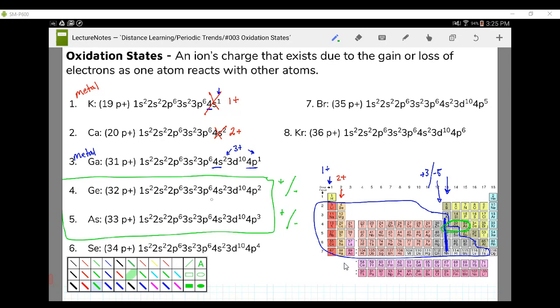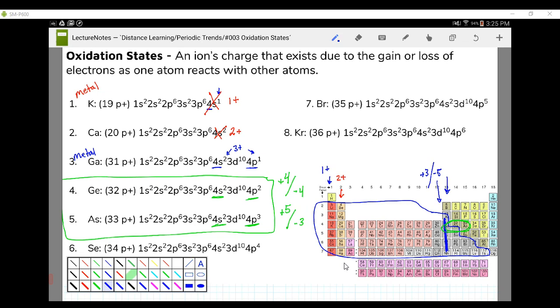Germanium currently has 4 valence electrons, so it could lose all 4, or it can gain 4 more to reach its octet. Arsenic has a total of 5 valence electrons, so it can lose all 5, or it can gain 3 more.